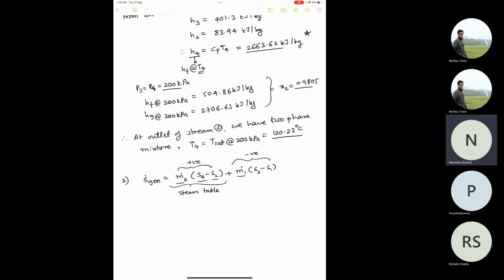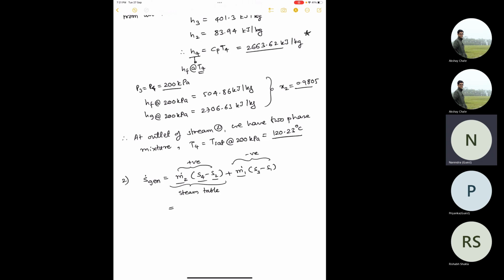Or I think in the air table also you can get these values, but you have to check the temperature and pressure correctly. For pressure you can do R ln P2 by P1, but for the temperature term you can directly take the value from that table. That depends on the book that you are referring to, but it will be clearly mentioned there.